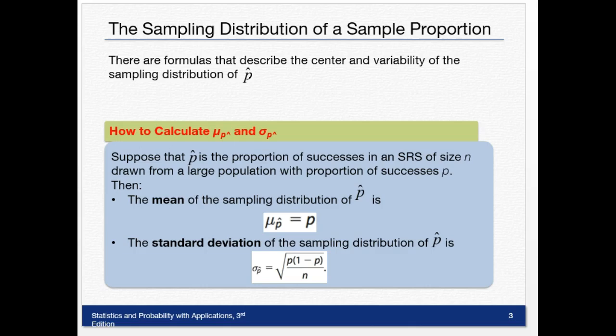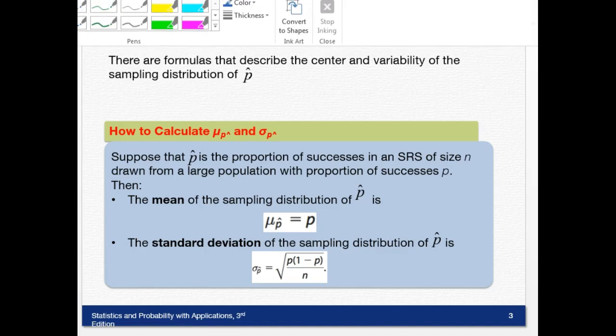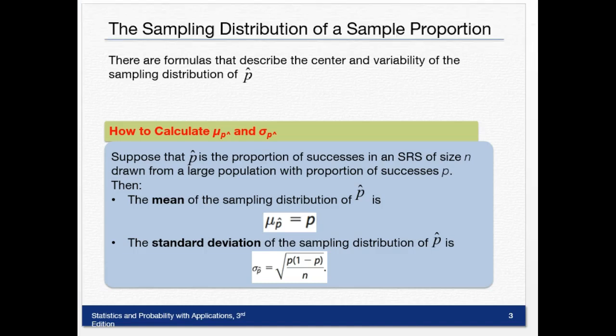There are formulas that describe the center and the variability of the sampling distribution of p hat. So we want to know what the center is and what the standard deviation is. Here's your box. You need to fill this information in. Suppose that p hat is a proportion of successes in a simple random sample of size n, drawn from a large population with proportion of successes p.